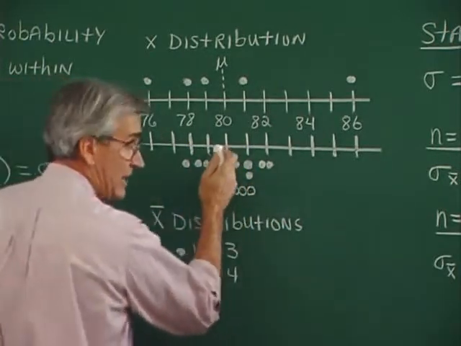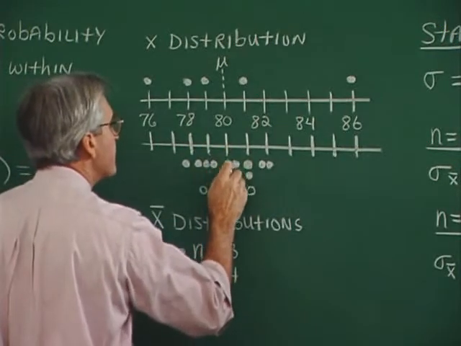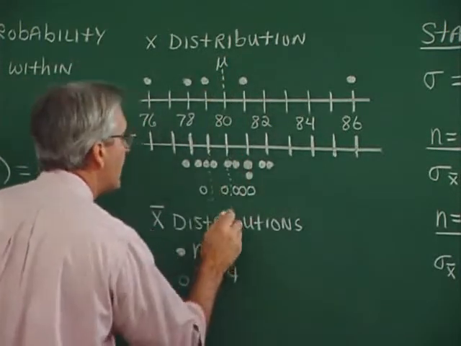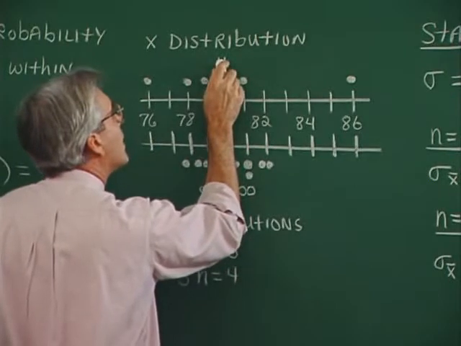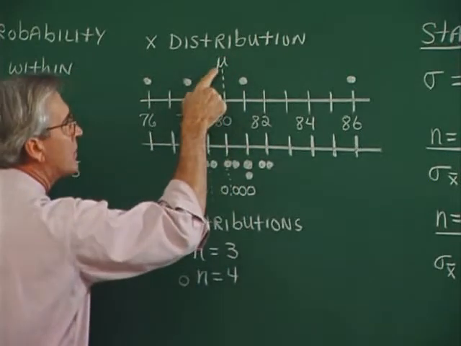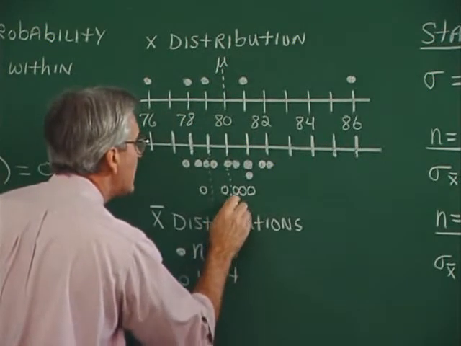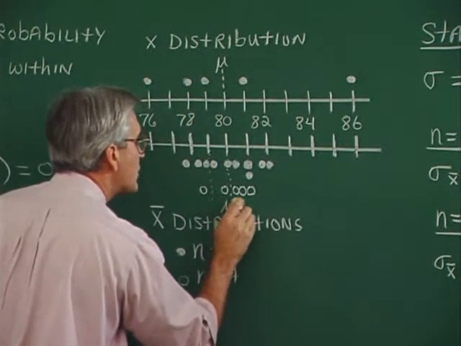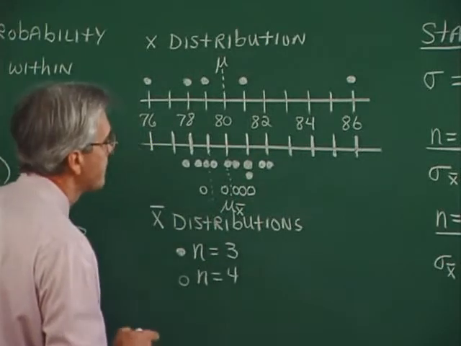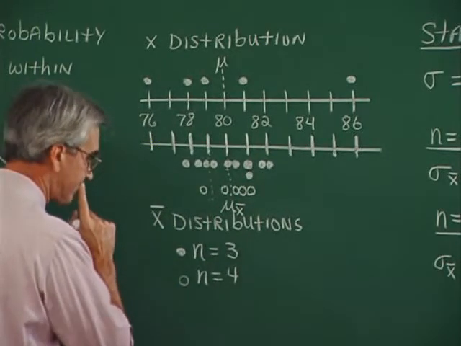That means that the mean of the population is equal to the mean of these X bar distributions, you see. Okay, so they would be 80 as well.